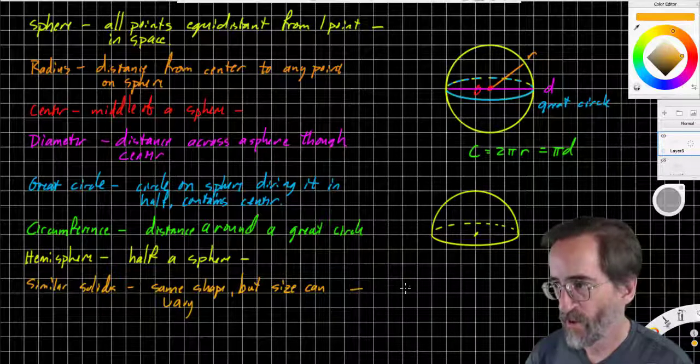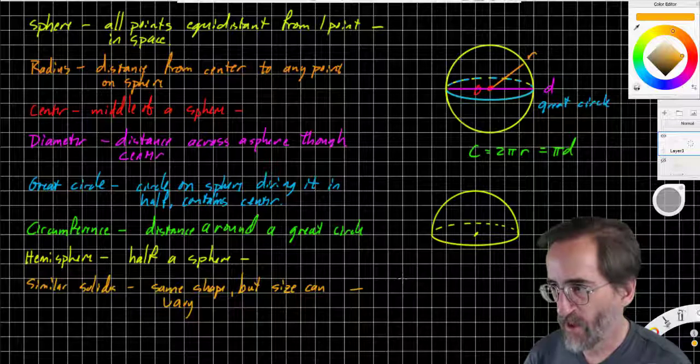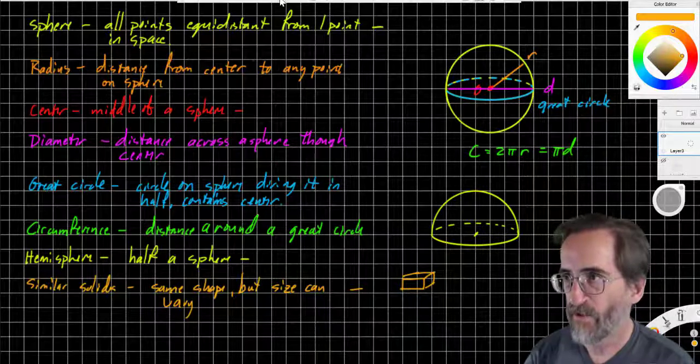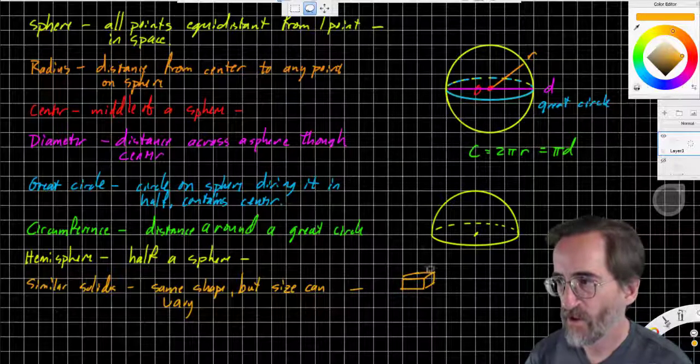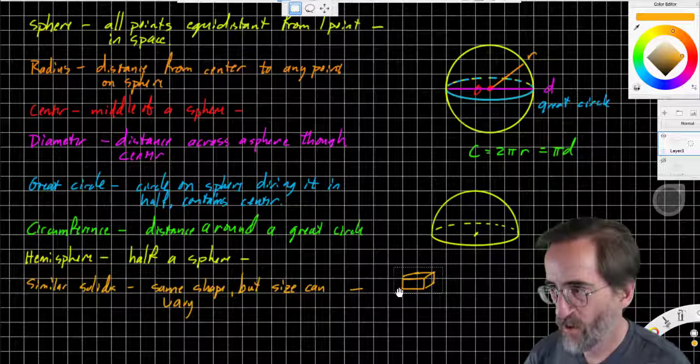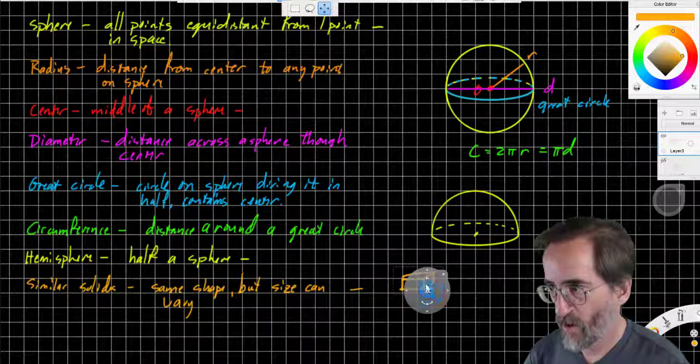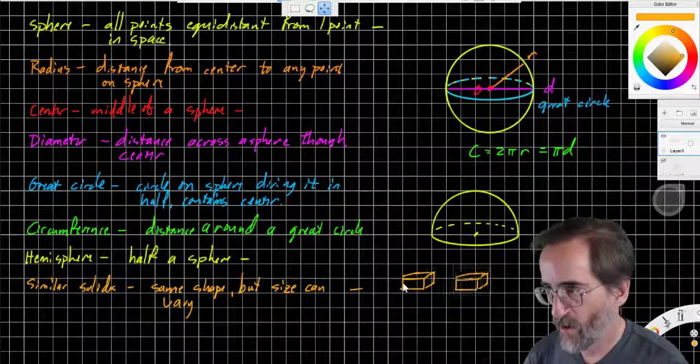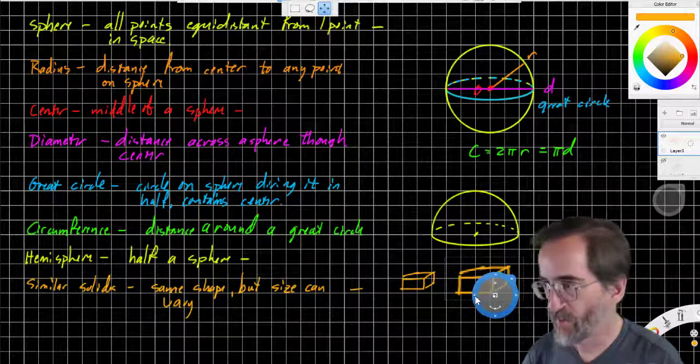Okay, so for example, I might have this rectangular prism and make a copy of it, just bigger. Okay, these are similar solids.